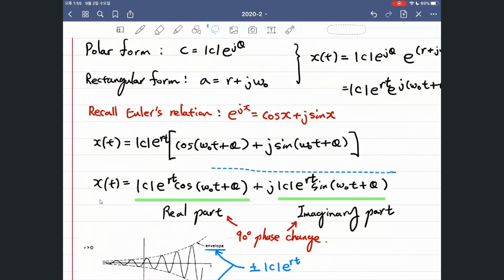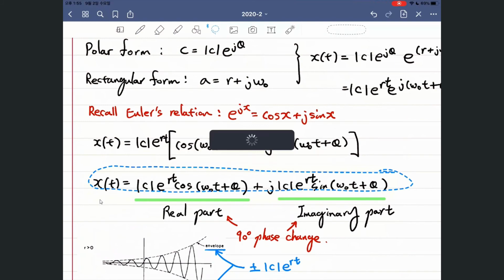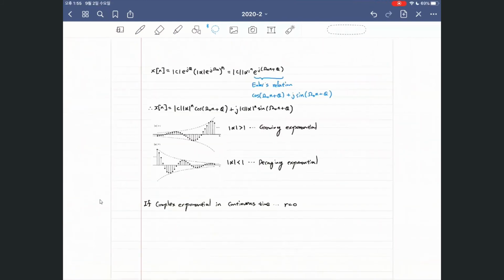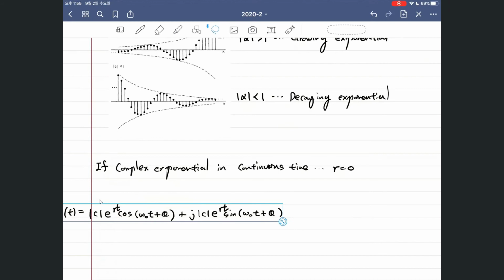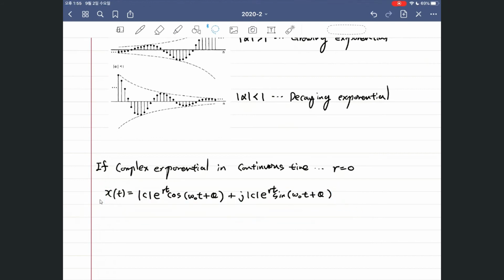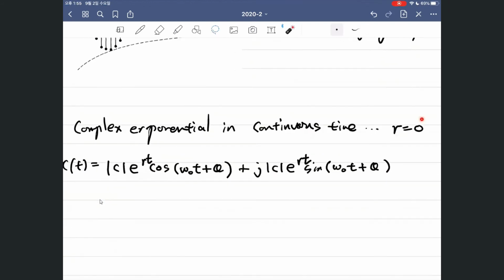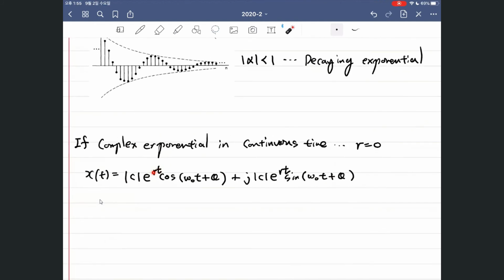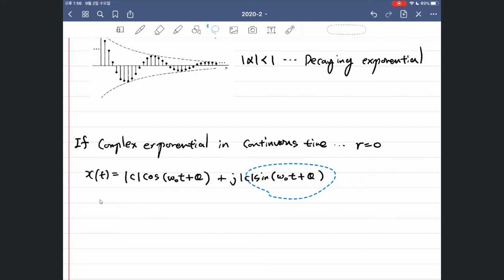This was our final equation for the continuous time. And if r is 0, then this becomes 0 and e to the 0 equals 1. So this term goes away and also this term goes away. So we can move this term like this.